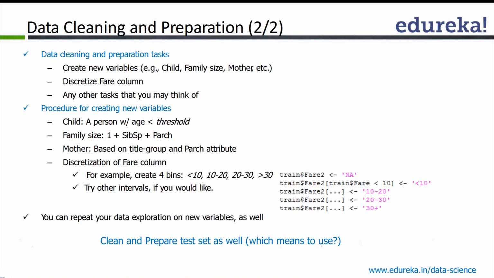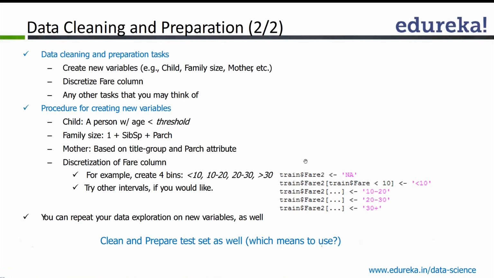And obviously, you want to do same cleaning and these things on both testing and training data sets. Or other way to do is do all this cleaning and everything on the entire data set, and then split it into train and test sets. Okay. And as I say it in here, once you add your new variables, you can always again do your exploratory tasks that you did before, right?